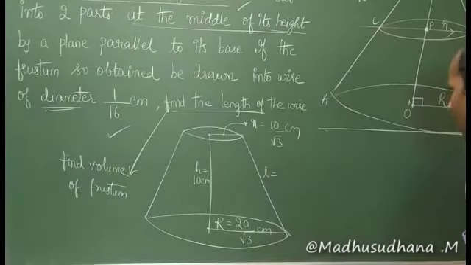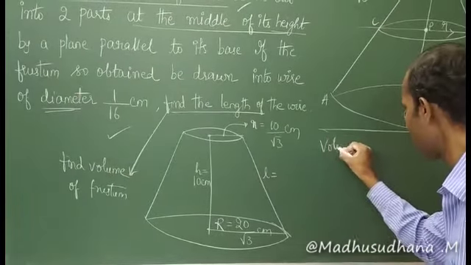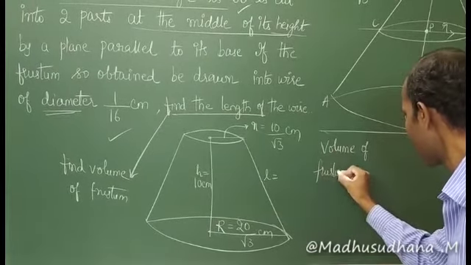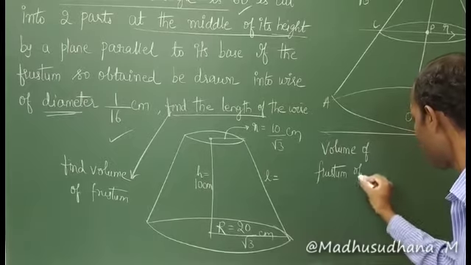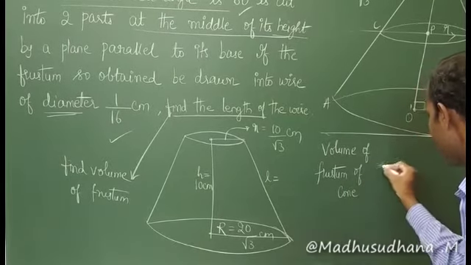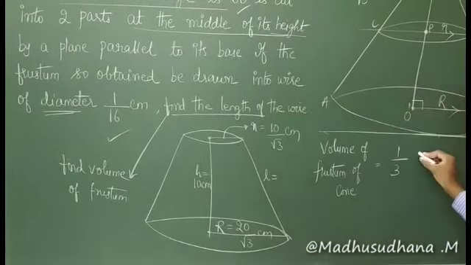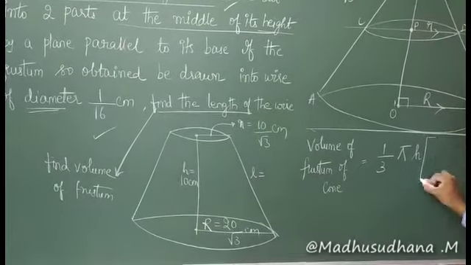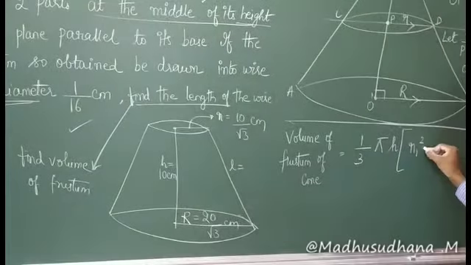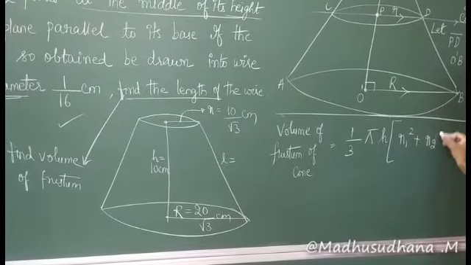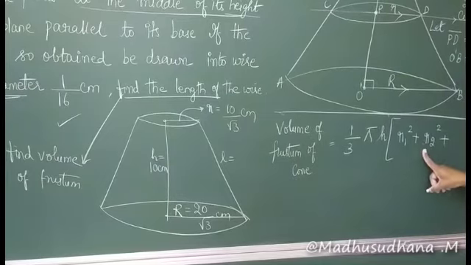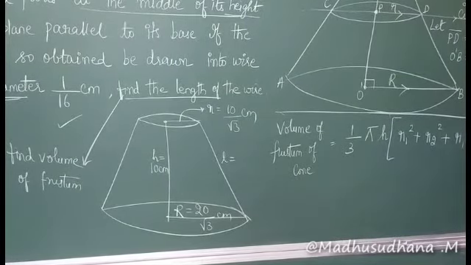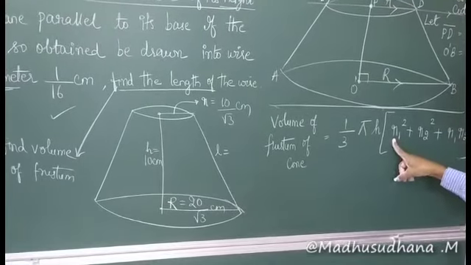The formula for the volume of the frustum of the cone is 1 by 3 pi h, times r1 square plus r2 square plus r1 r2. What is r1 square?